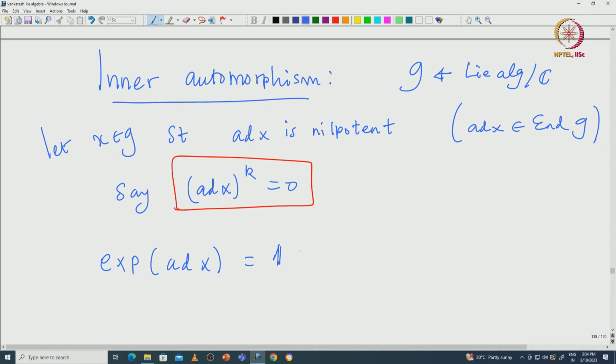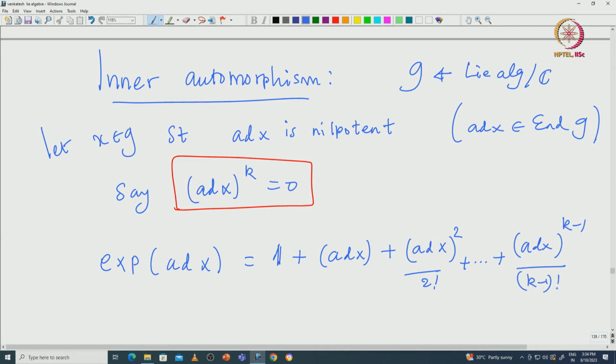By definition, it is 1 plus ad x, where 1 means the identity element, plus ad x square divided by 2 factorial, plus etcetera, plus ad x power k minus 1 divided by k minus 1 factorial. Note that ad x power k is 0, so that will imply ad x power any r will be 0 as long as r is at least k. So, in particular, the exponential of ad x can be defined.